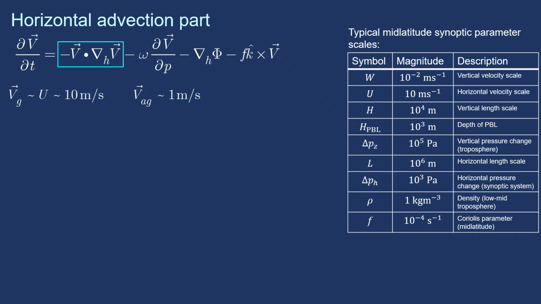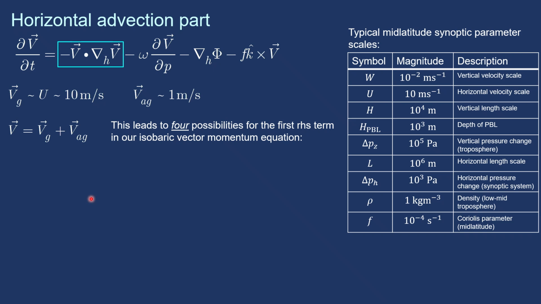Remembering those two scales we just came up with, V sub G is 10 and V sub AG is 1, and we recognize that V is the sum of V sub G plus V sub AG. This leads to 4 total possibilities for the first right-hand side term, the horizontal advection term, in this isobaric vector momentum equation. One possibility is that both V's here are the geostrophic part of the wind.